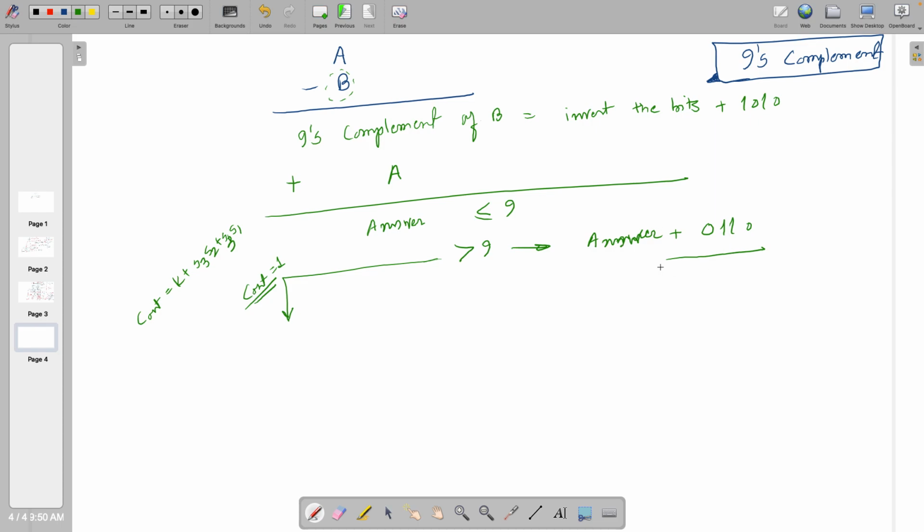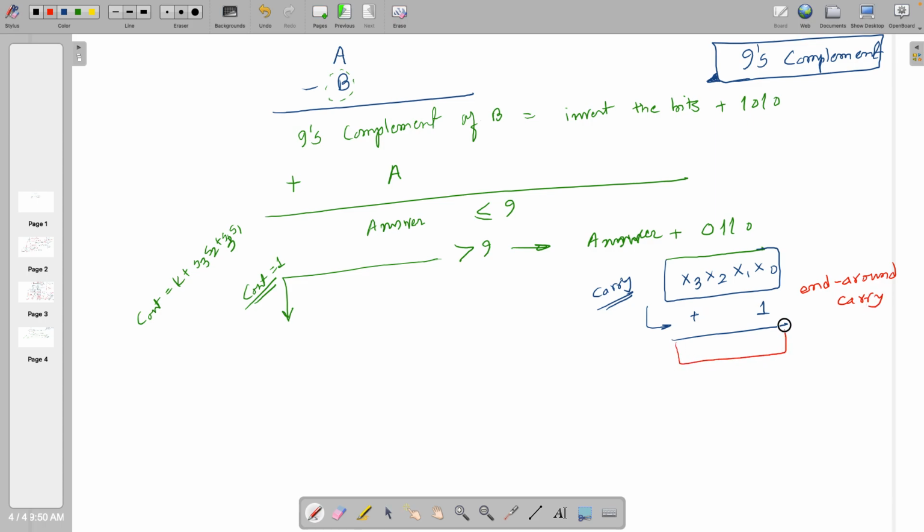So when you are doing this, you will have the answer x3, x2, x1, x0. Along with that, you might have carry. If carry is generated in this process, then this carry has to be added to this number, and this is known as the end around carry. So if carry is created, just add that and get the number y3, y2, y1, y0.